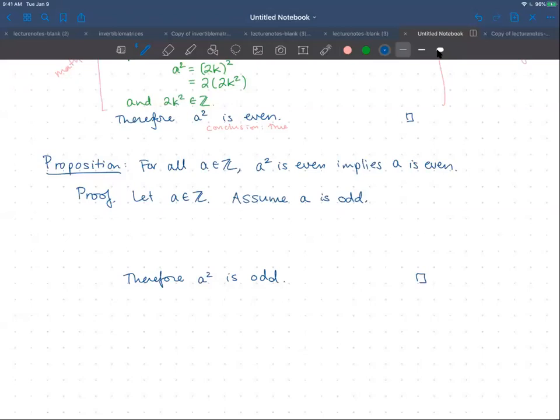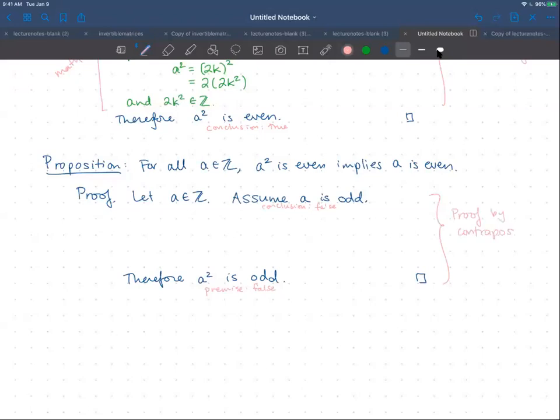I'm assuming that A is odd, which means I'm assuming that my conclusion is false. And then I get down to the bottom and I see, therefore, A squared is odd, which means I'm showing that my premise is false. And when I assume that my conclusion is false and use that to show that my premise is false, this is an indirect proof, and in fact, it's a proof by contrapositive.